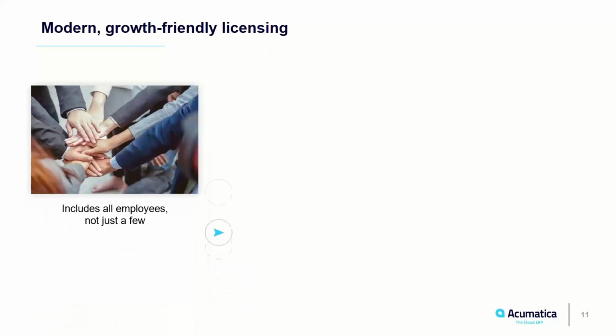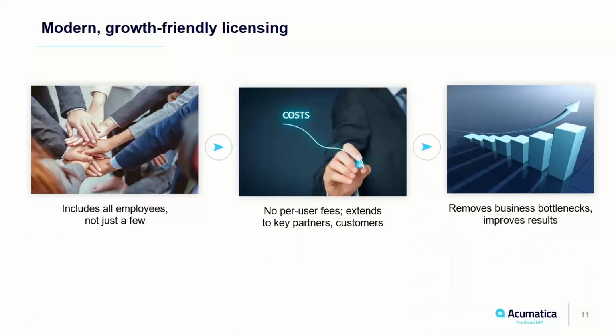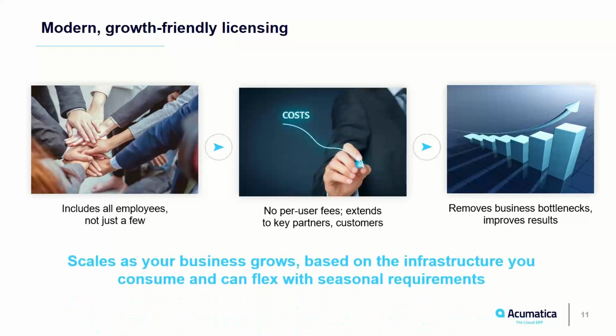Perhaps one of the most attractive features of Acumatica is its modern, growth-friendly licensing that allows you to extend access to all employees, not just a few. And because you're not paying on a per-user basis, in addition to extending to all employees, you can also extend to key partners, customers, and subcontractors, all to improve the communication between all parties and hopefully remove business bottlenecks.